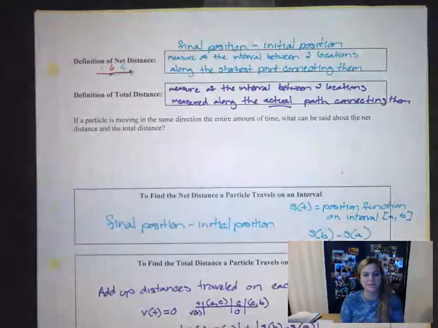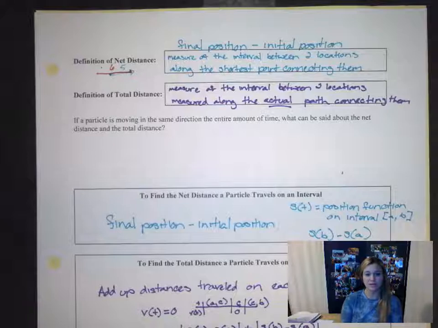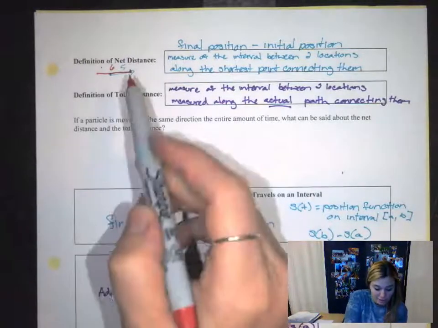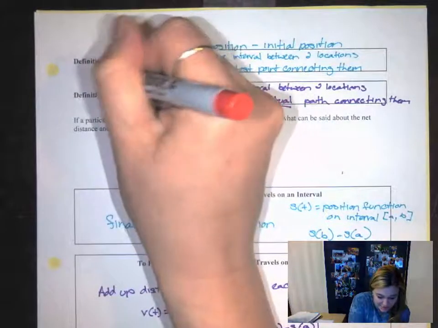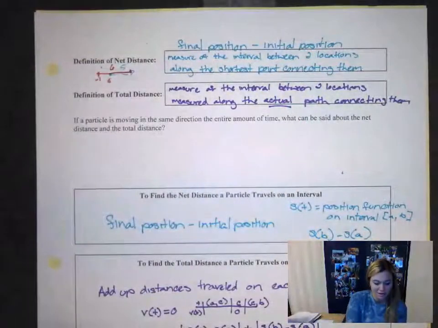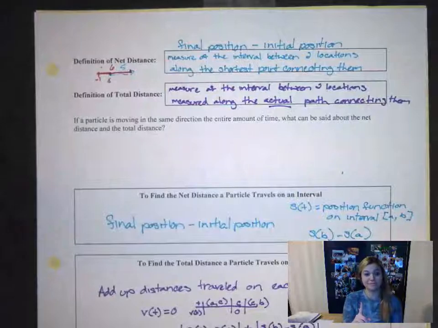Let's say that red distance is 6. So they move 5 to the right and 6 to the left. Net distance would just be 1. The reason is I'm at position 5 over here. If I started at position 0 and came back 6, think about a number line, I'd be at -1. The distance from here to here is only 1.